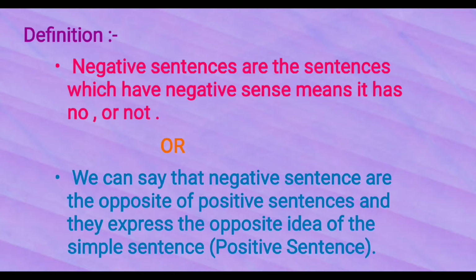It reflects the simple meaning of the sentence, and if we want to make this positive sentence in a negative form, then we use no or not, and after using no or not, we make this sentence in a negative form, but it reflects the negative sense of the sentence, means it is totally opposite of the positive sentence. So this is the definition.